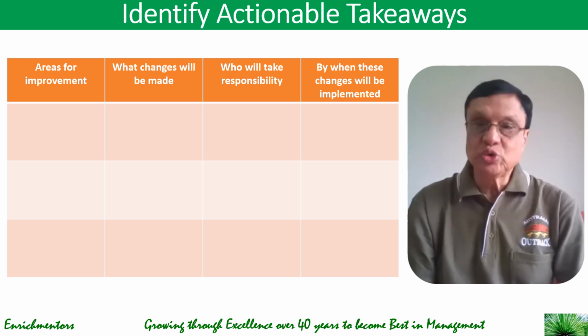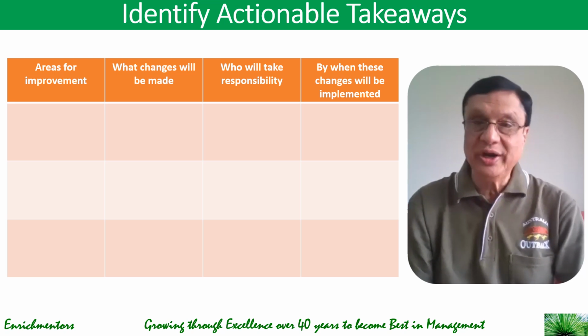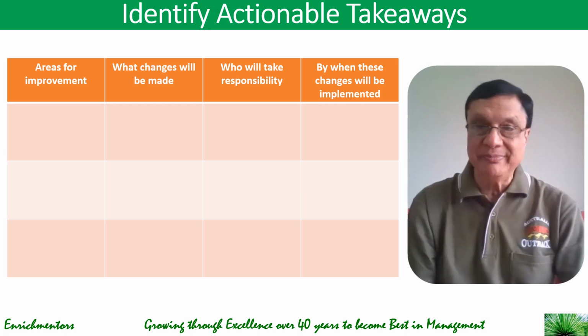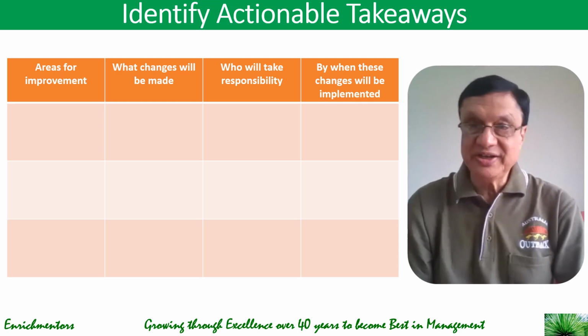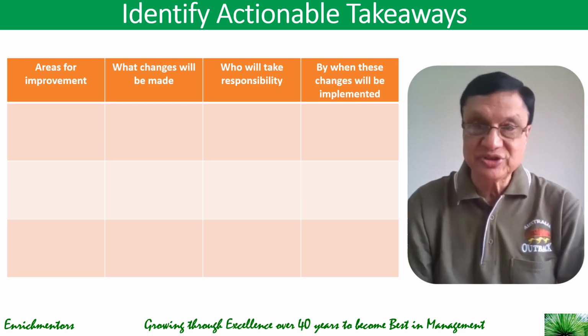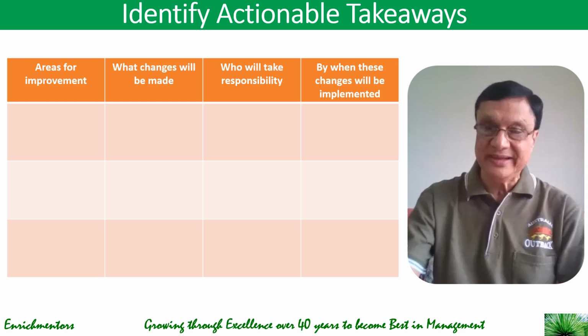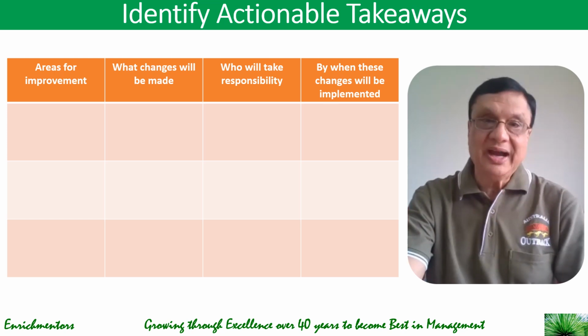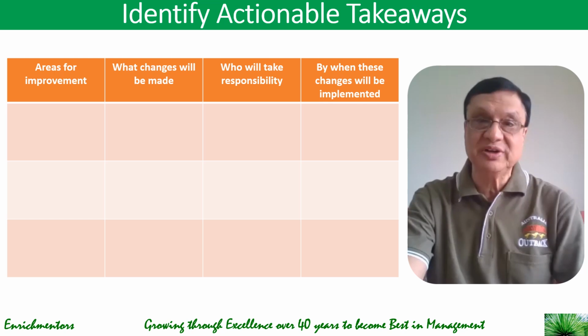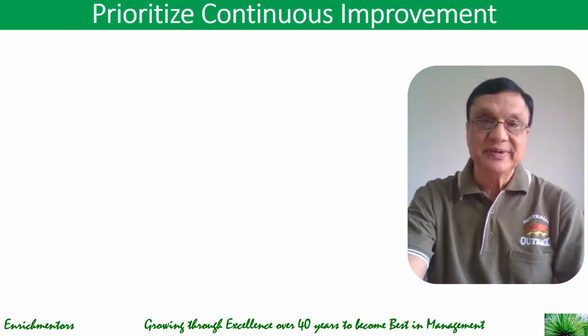Limit these actions to 2 to 3 key areas to avoid overload and make them manageable. For example, if the team identifies that response times during recruitment were too slow, assign someone to streamline the interview scheduling process within the next sprint. So identify actionable takeaways and assign responsibility and timings.